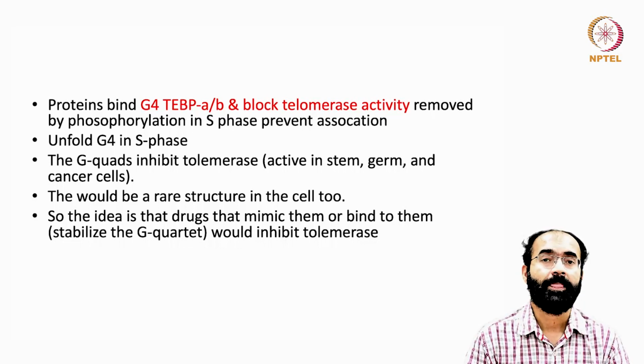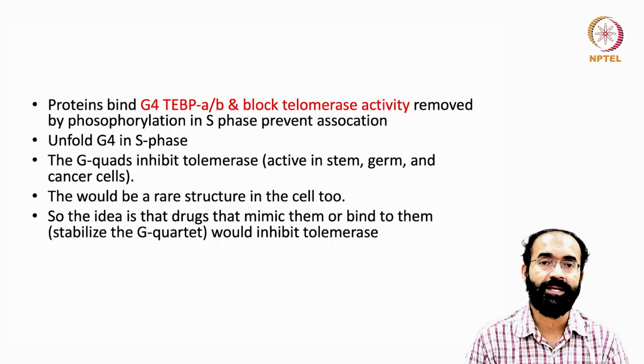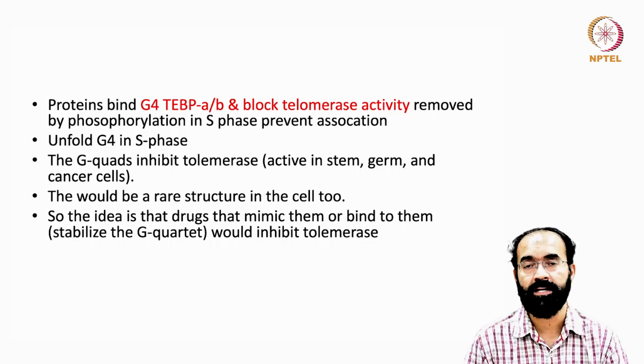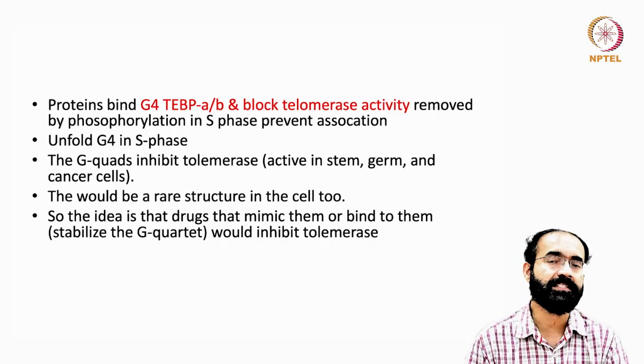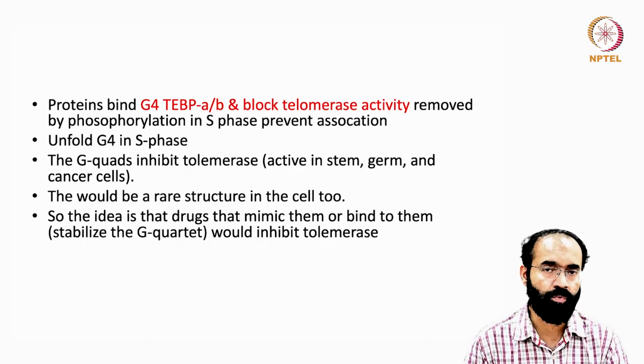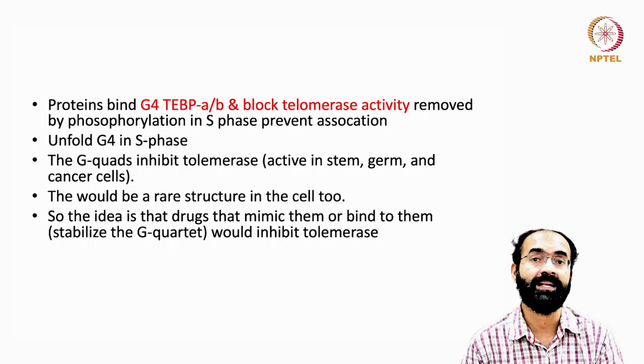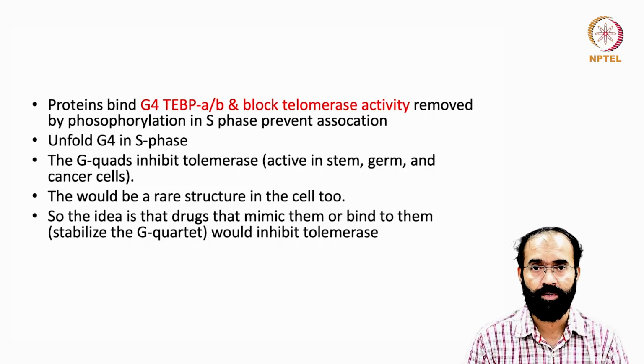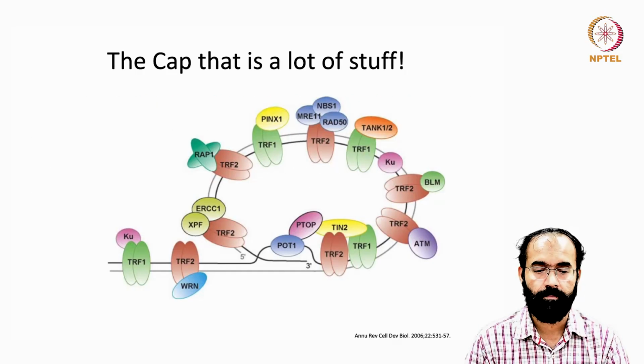You can have some drugs that mimic the structure of the G quadruplex, so that they block the telomerase activity, so that cancer cells also suffer from telomeric erosion and possibly undergo apoptosis. But cancer cells can come up with newer elegant strategies also, and some cancer cells know how to avoid apoptosis or programmed cell death.